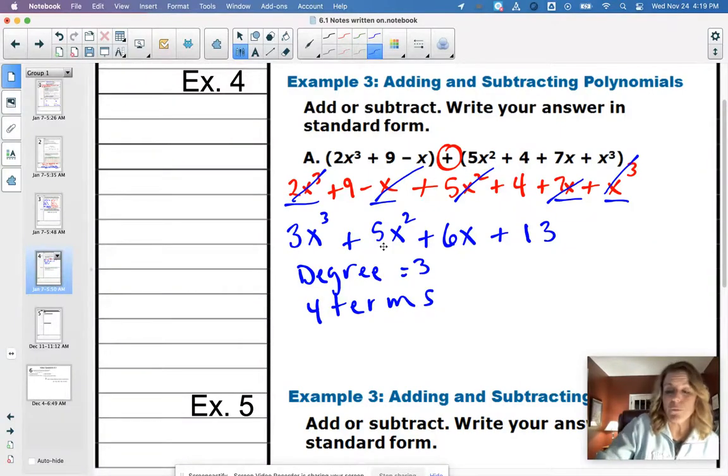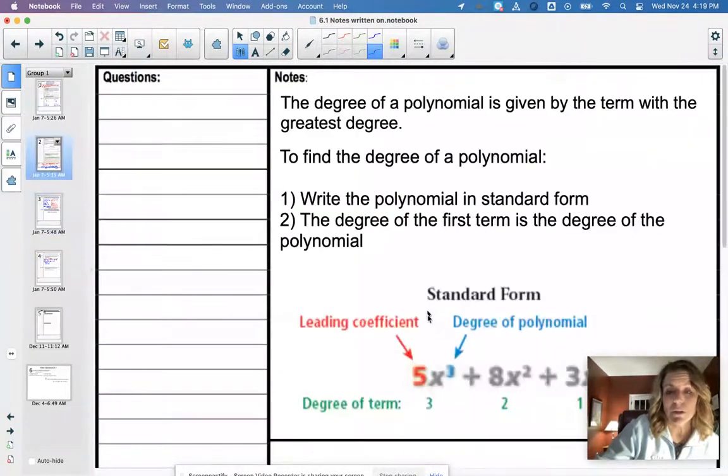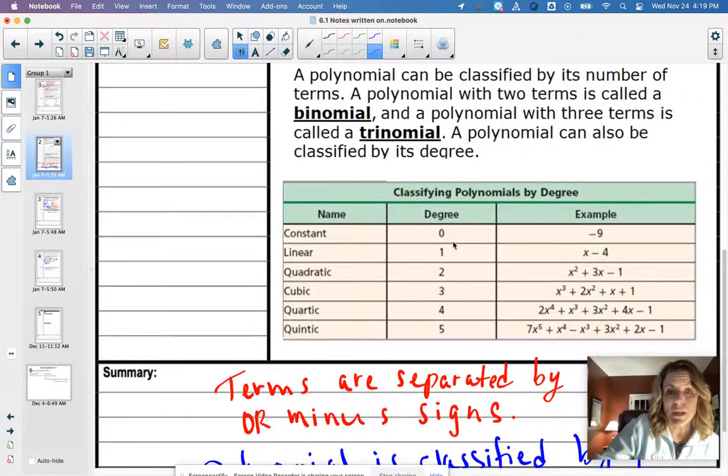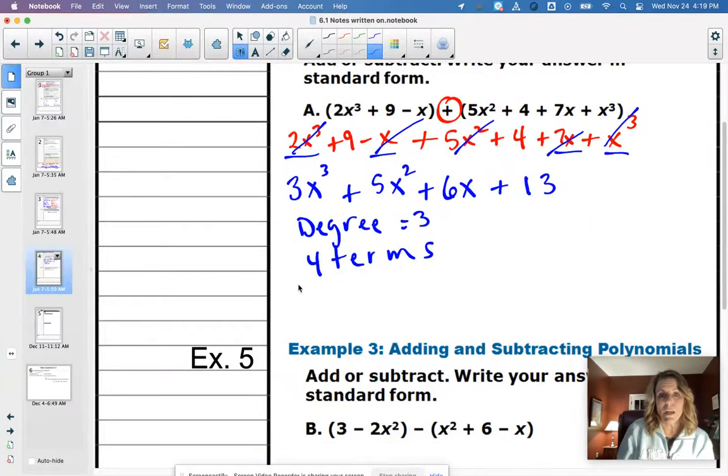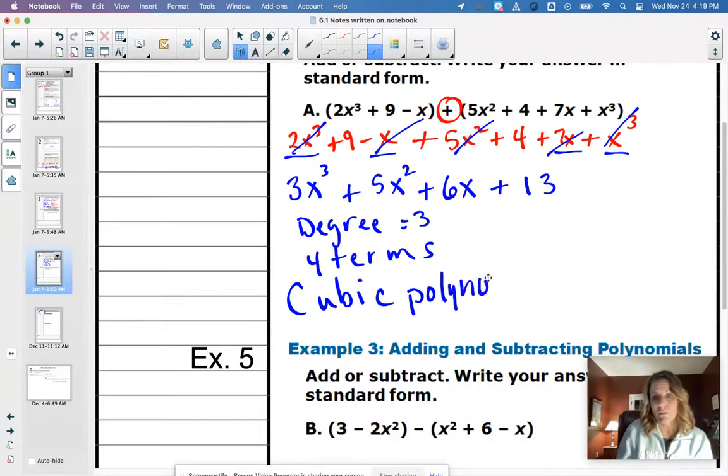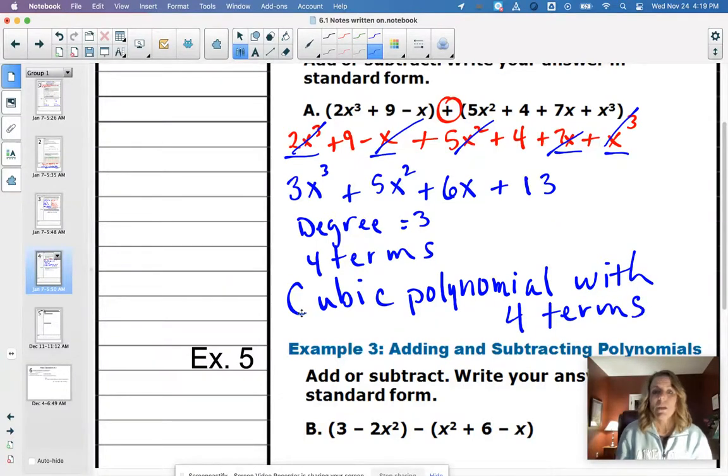So a degree of 3, recall, let's go to our little table here. A degree of 3 is a cubic. So we are going to have a cubic polynomial with 4 terms. When there's 2 terms, it's called a binomial. When there's 3 terms, it's called a trinomial. When there's more than 3 terms, we say polynomial with the number of terms.